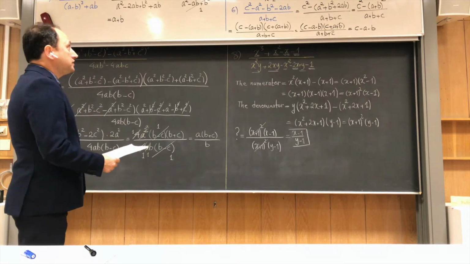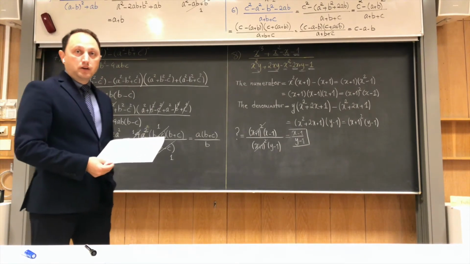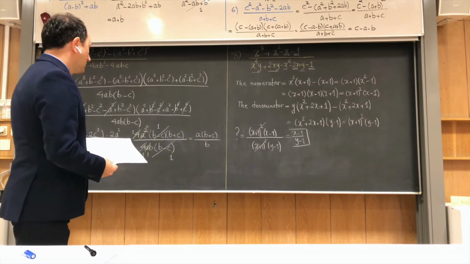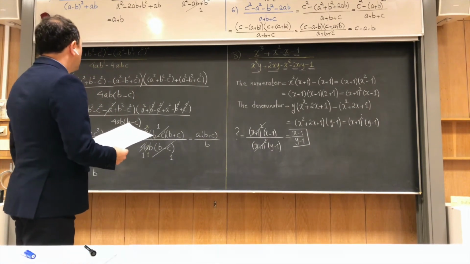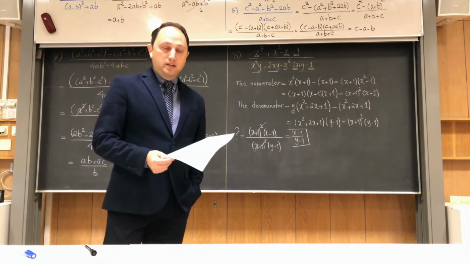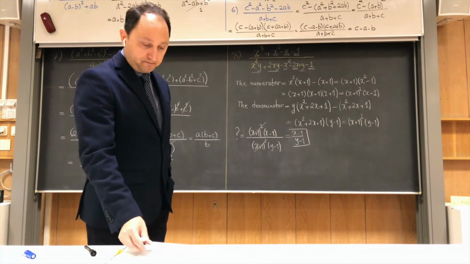Okay, so these were some exercises regarding simplifying rational expressions. Now we go to the second problem, problem part B, where we are supposed to do some multiplication and divisions.